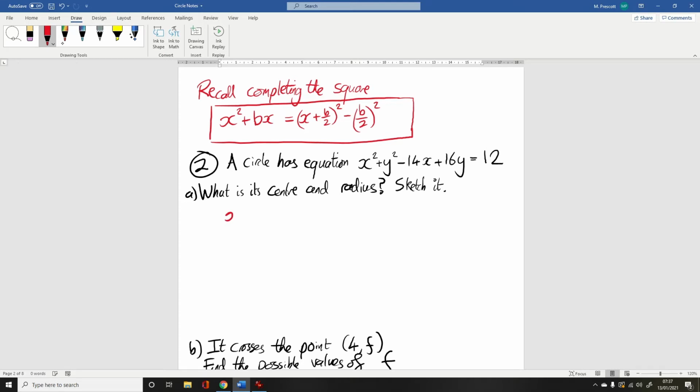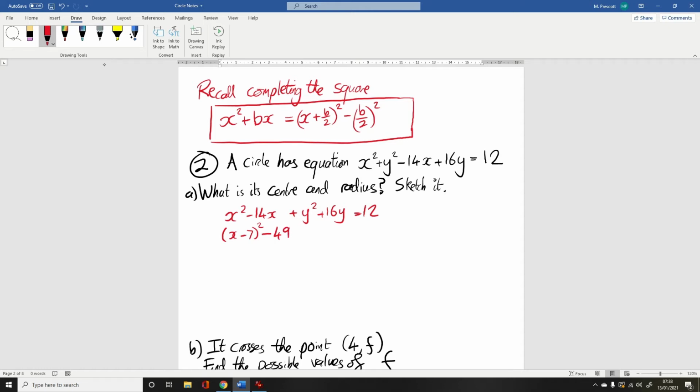First thing I would do is I would rearrange it so that all of the x's are together, all of the y's are together, and we're going to do 2 completing the squares to put this in the form we want, which is (x minus a) squared plus (y minus b) squared equals r squared. So looking at completing the square, however many x we've got, that's our b, we need to halve it and put it inside the bracket. So this is going to be (x minus 7) squared, and then we need to subtract that thing squared, so we take away 7 squared.